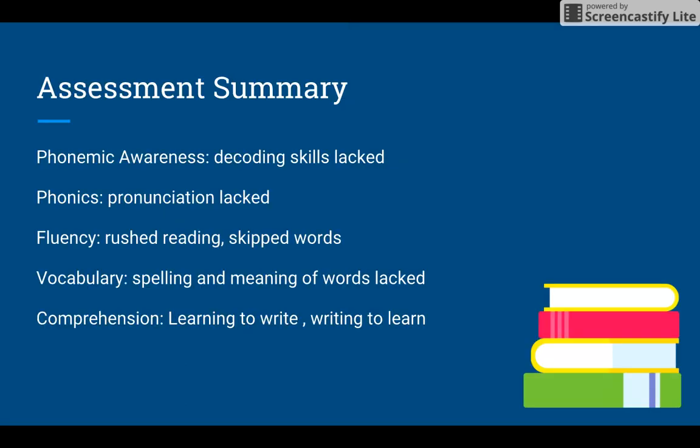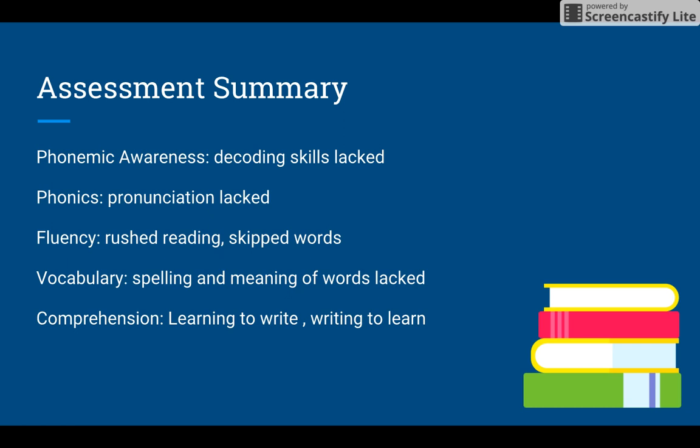Assessment summary. Throughout the semester, I assessed Jane in the following 5 areas of reading. To assess phonemic awareness, I used the DIBELS Nonsense Word Fluency and the DIBELS Phoneme Segmentation Fluency assessments.